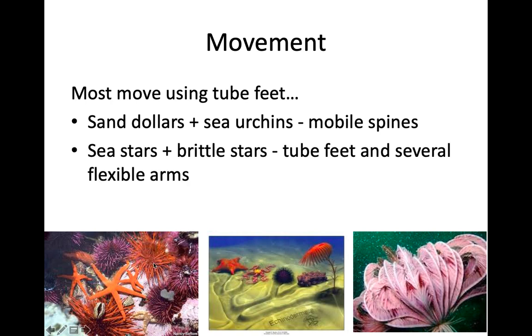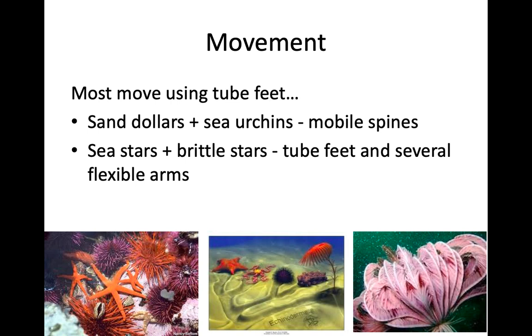Okay, sea stars and brittle stars. That's a sea star. That's actually what a brittle star looks like. Similar, but it has a very unique body shape. They do have tube feet, but they also have the benefit of these flexible arms that can really help them move around, and in a lot of cases wrap around prey that they're going to eat if they're carnivorous.